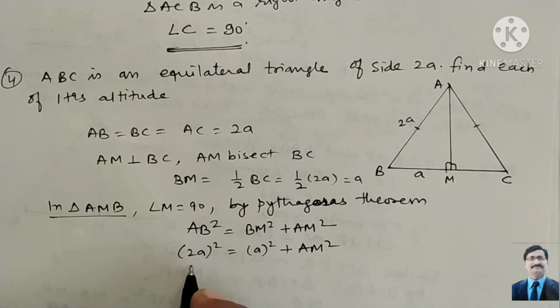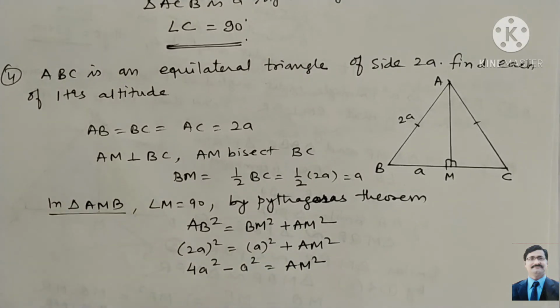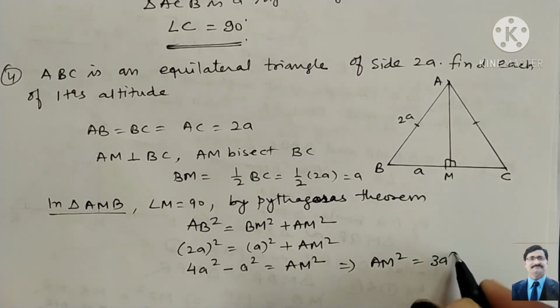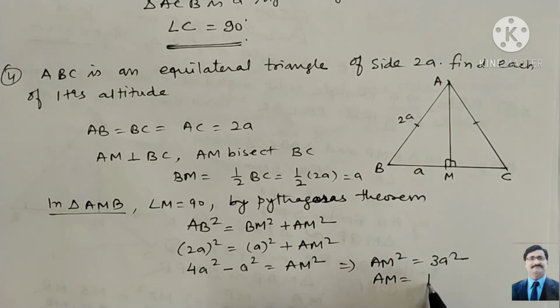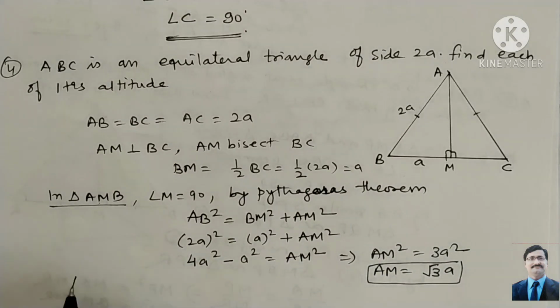This 2A whole square is 4A square, and minus A square, this is AM square. This implies AM square equal to 3A square and AM will be equal to root 3 A. So the answer: altitude equal to root 3 A. All of you understand this? This is very simple and very important.